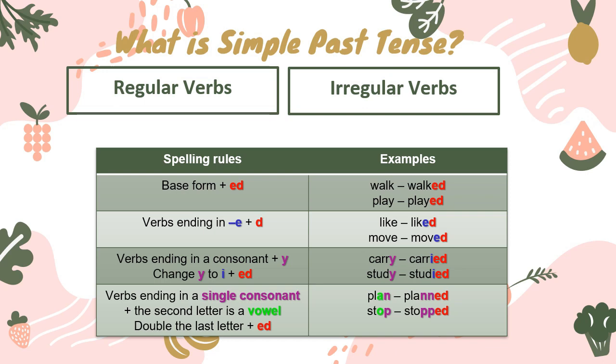Okay, the third rule, verbs ending in a consonant plus Y, C-A-R-R-Y. The Y here we change to I, and then we need to add ed.